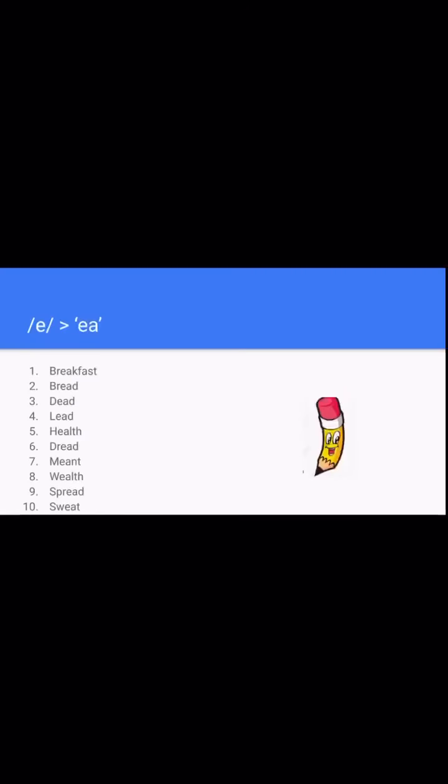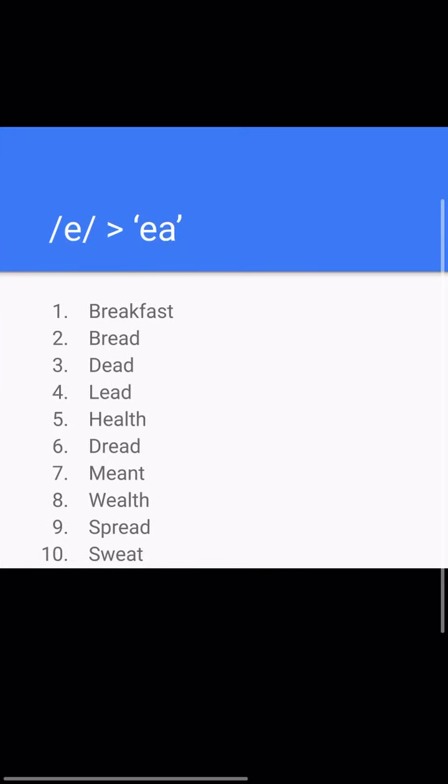Okay? All right, now that we covered that, we are switching gears and we are going into the sound spelled with E-A. I have some words here that are examples of that sound spelled with E-A.